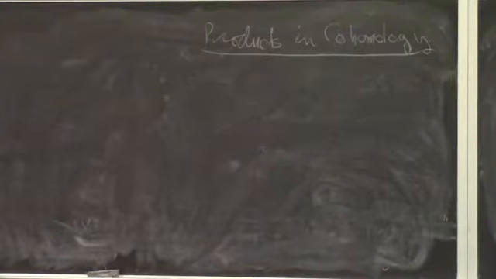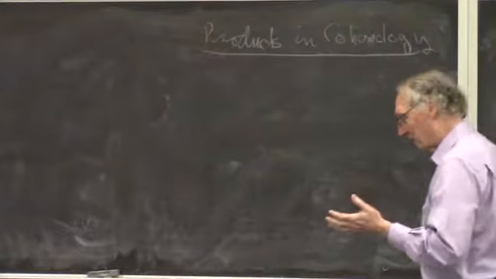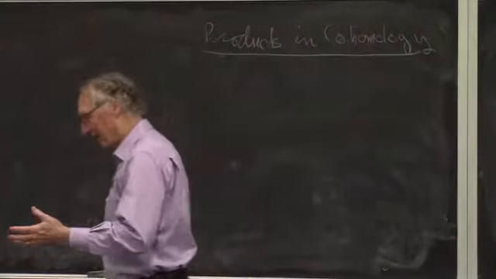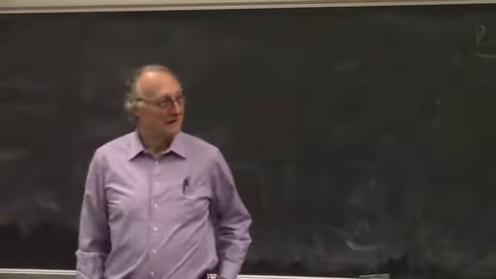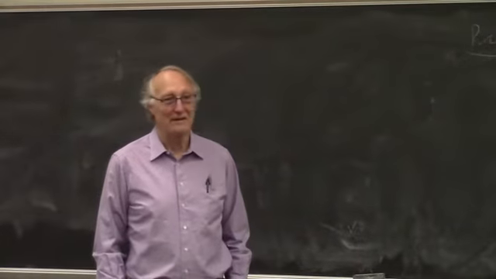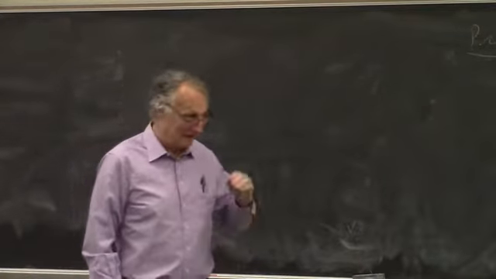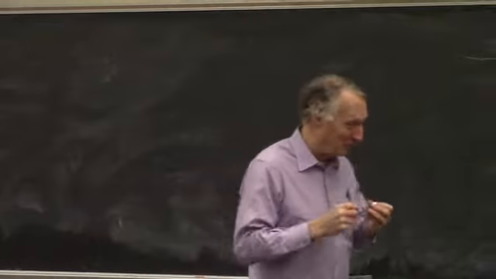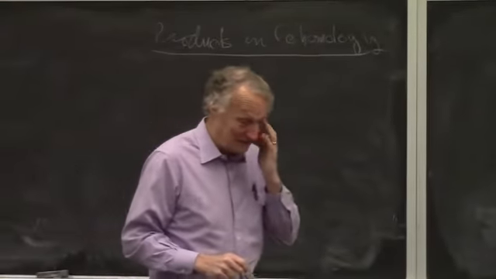There are two ways to do this. One is complete abstract nonsense without any formulas, and the other is to write down explicit formulas. And today I will do a mixture of both.